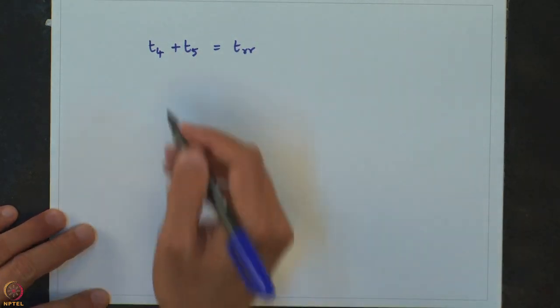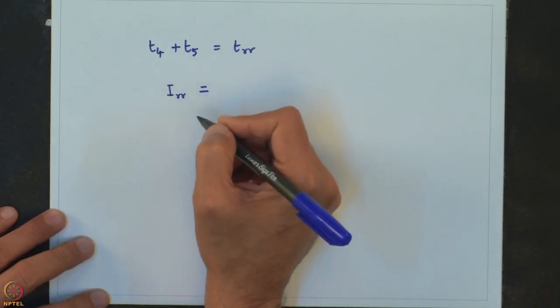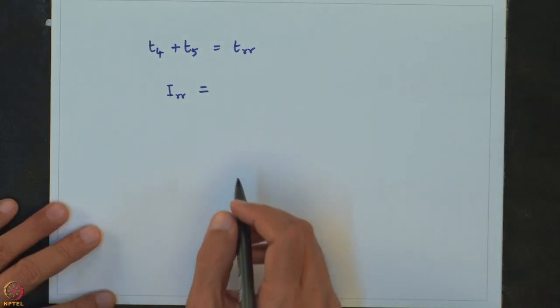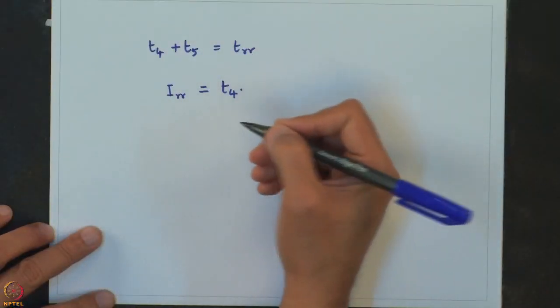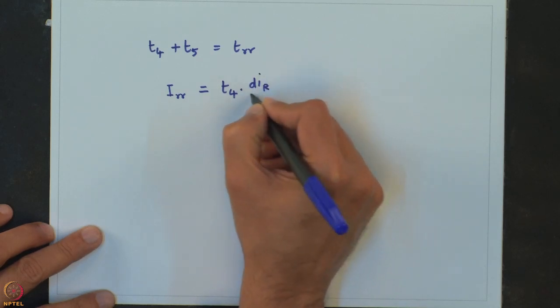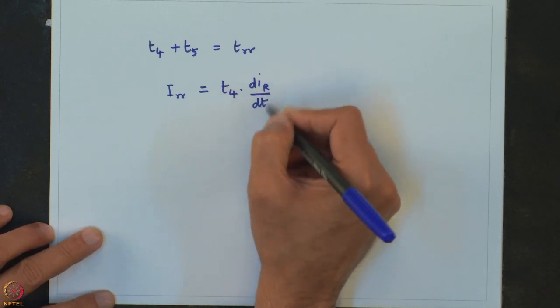Now, if you look at the diagram that I have shown before, the switching waveforms of the current and the voltage, and look at the current waveform at the time of turn off, you can see that the peak reverse recovery current IRR can be given by T4, that time interval, into the slope of the current at which the current was falling down, so diR by dt.